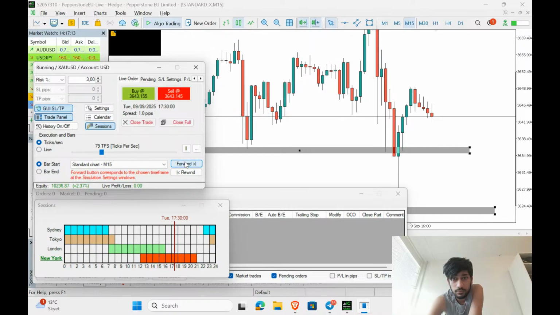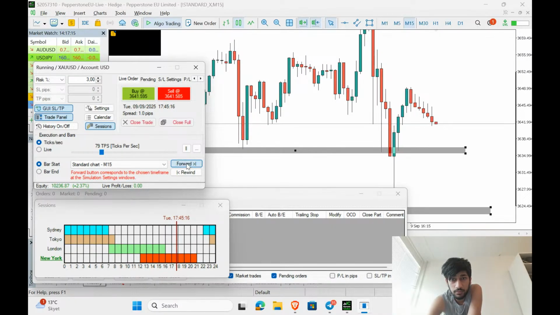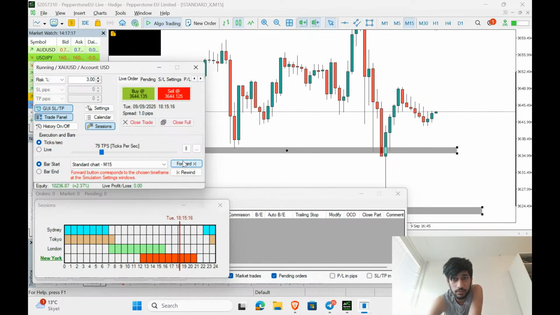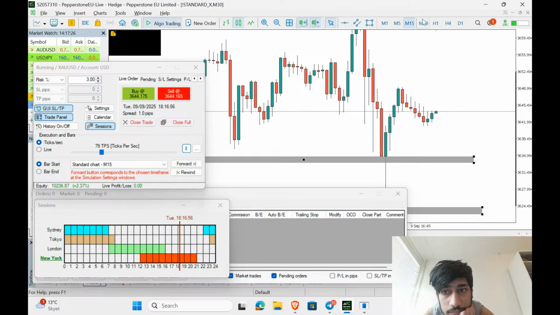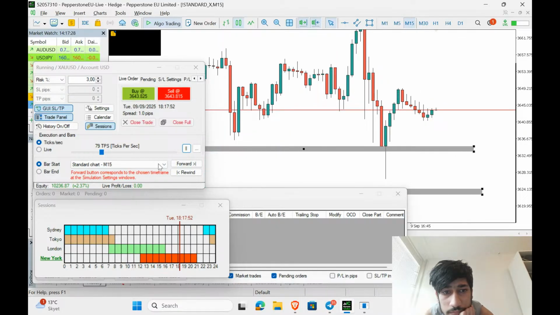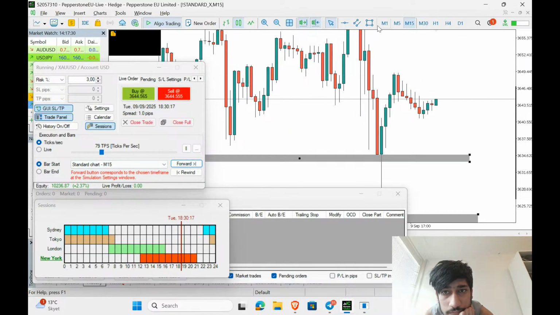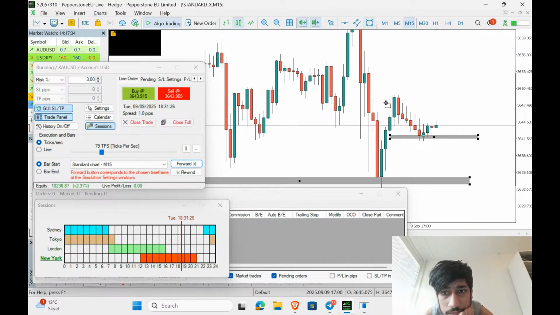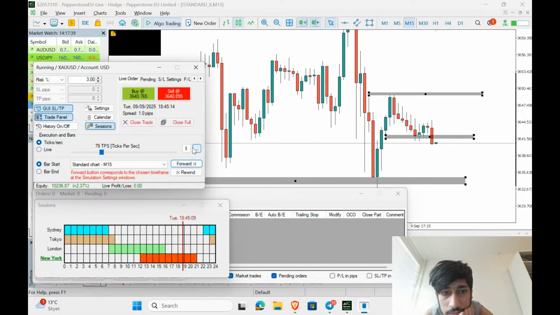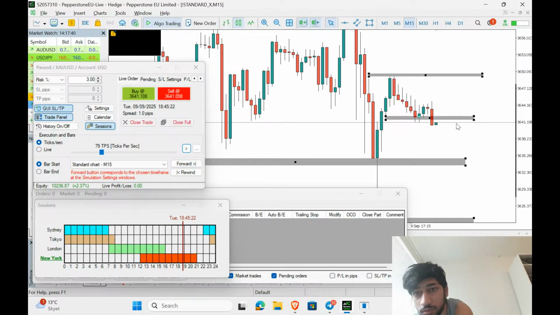Forward. We formed support, but it's not forming from the support area. Yeah, we formed support, we broke below support.